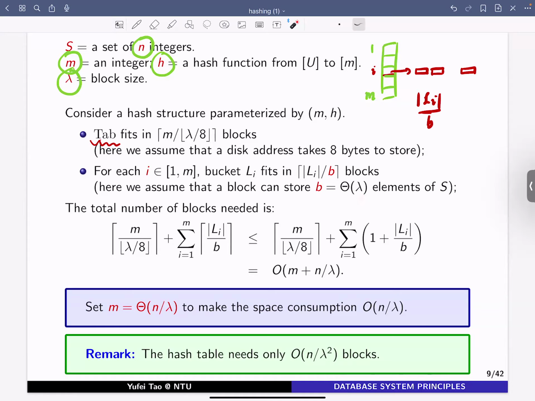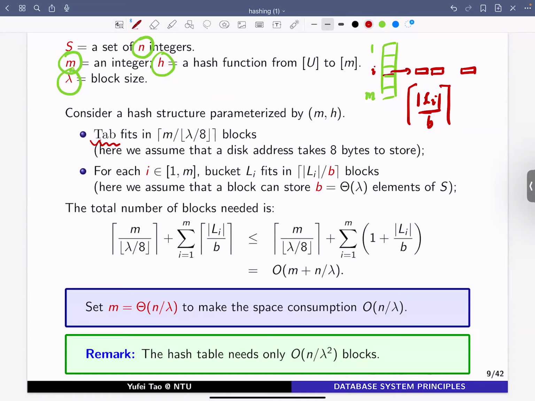Essentially you are correct asymptotically. Okay. So continuing, as I said, in total, you have size of Li elements, and each block will allow you to store small b elements. So if you take the ceiling, this is precisely the number of blocks that you need in order to store everything in this bucket.